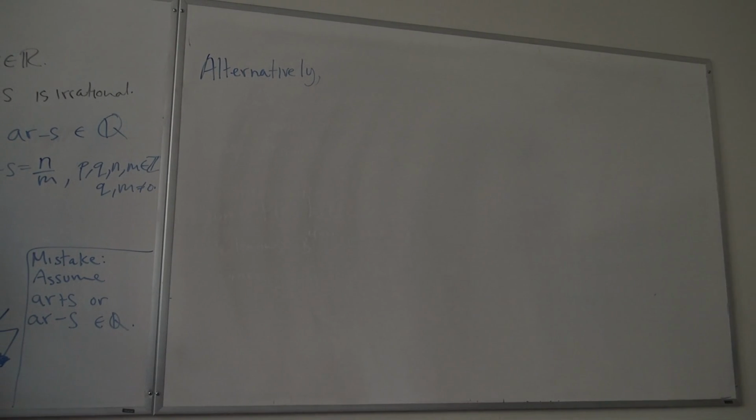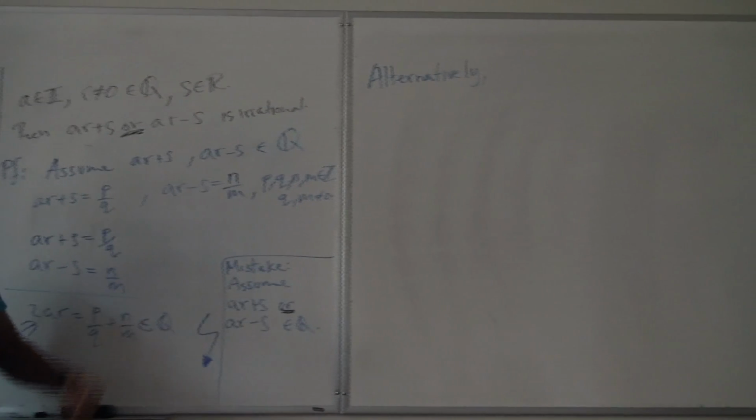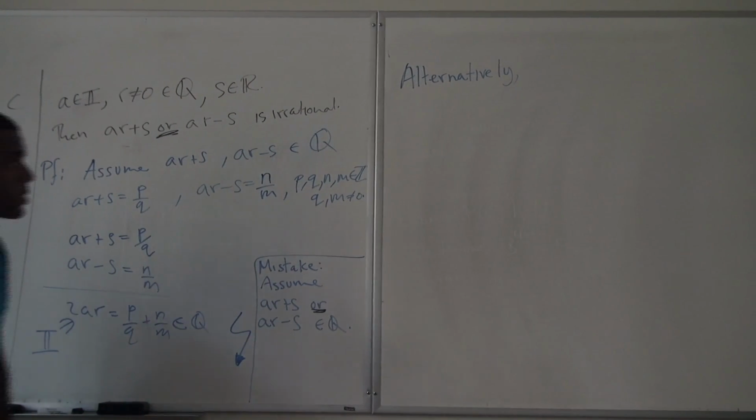It's not a contrapositive. Why? Because the negation of or is and, right? If you assume one or the other, you're not assuming the negation, and in fact you're begging the question. If you're assuming one or the other is rational, it means one could be irrational, which is what you have to prove. So that was another mistake: forgetting to change or to and. I saw that a couple times so far.